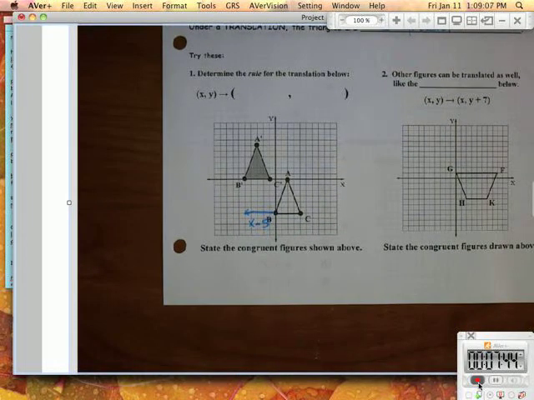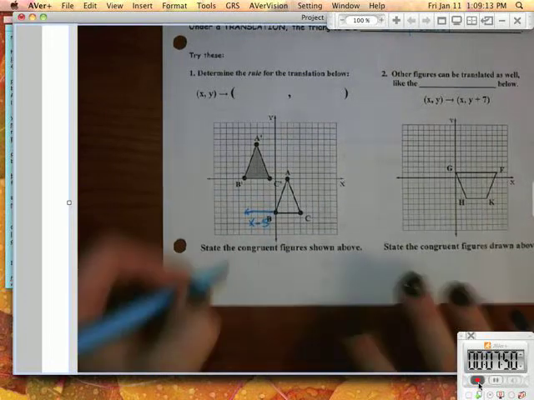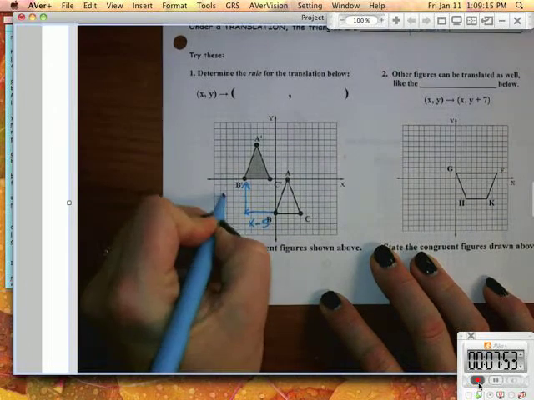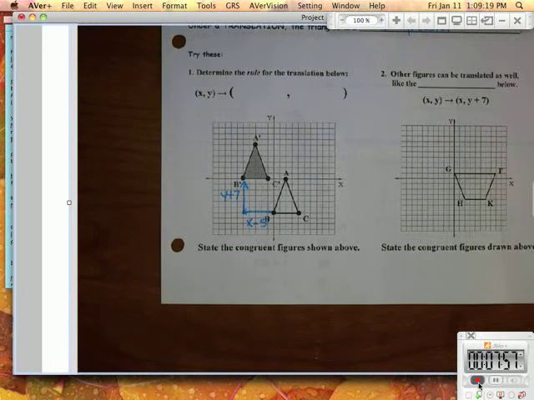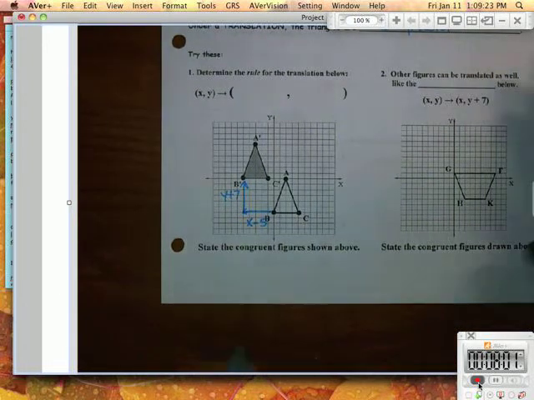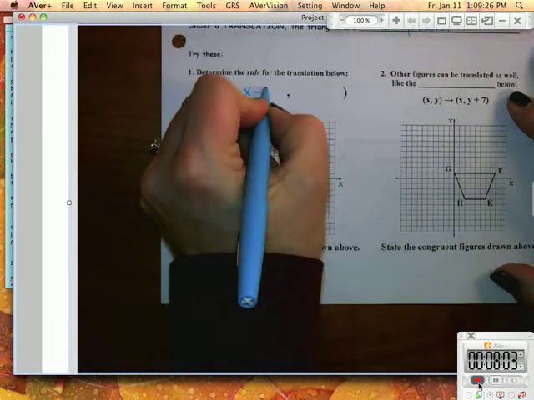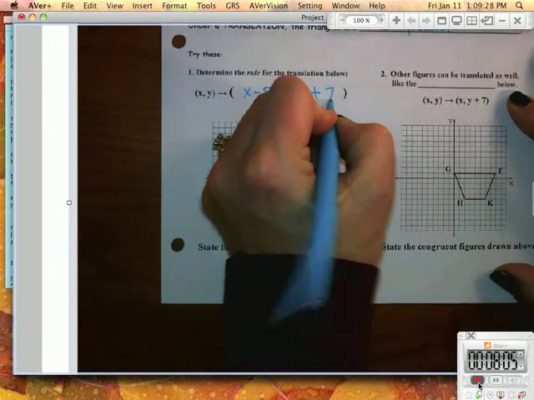Go to the left. If you went to the right, you would do what? Add 5. And then I got to go up 7, so it's y plus 7. So that's my rule. You only have to do it for one point. It's going to apply for all the other ones. So my rule is x minus 5, y plus 7.